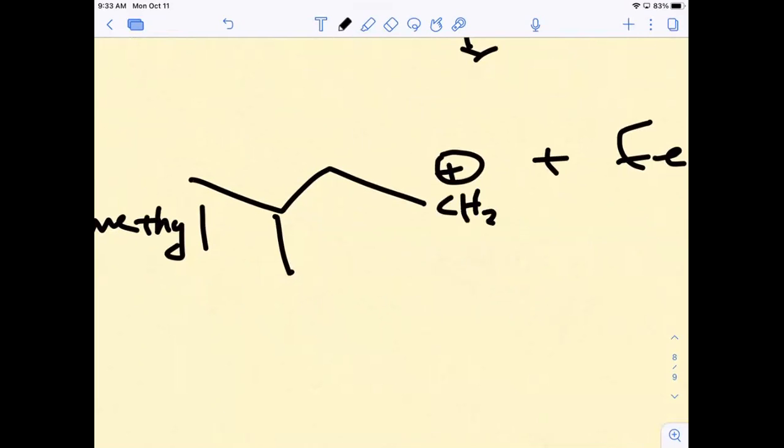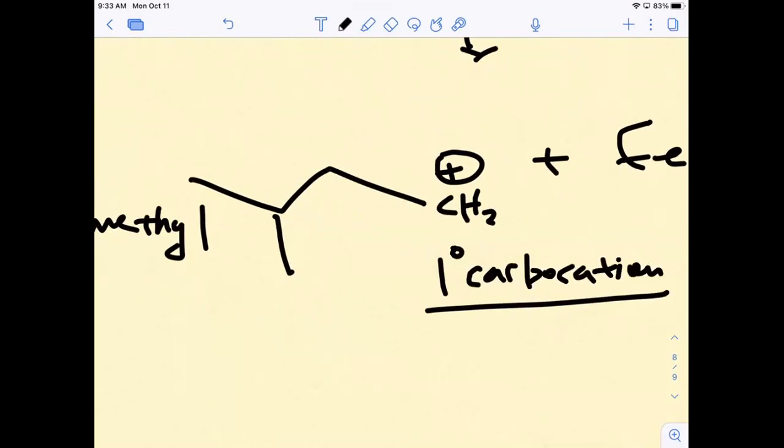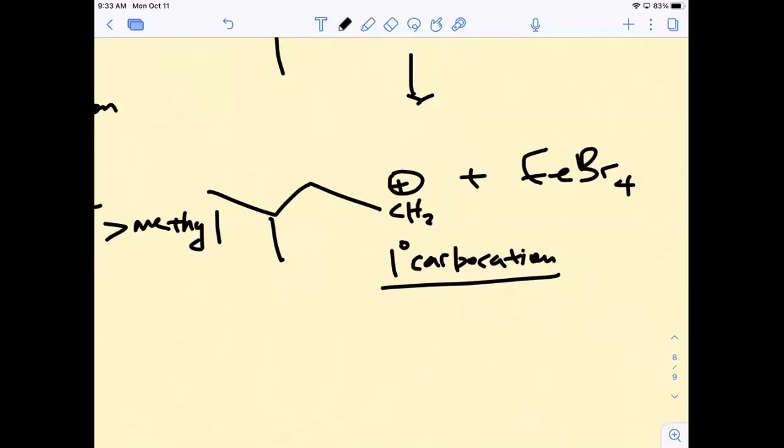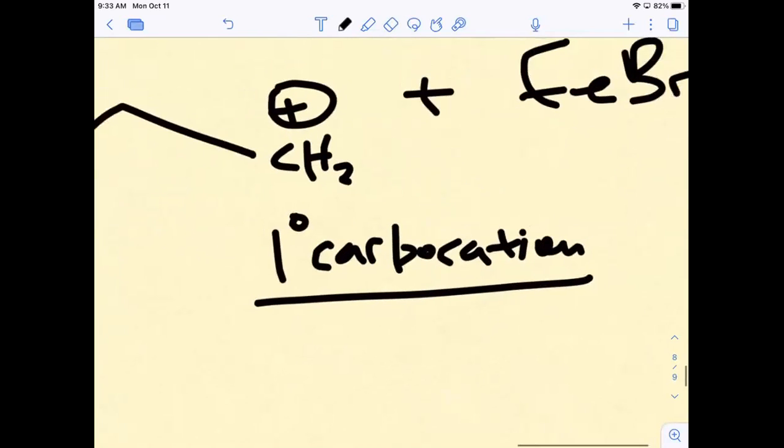That's a primary carbocation. That's horrible, right? A lot of times when you have primary carbocations and they're in the presence of other groups, right? What's one way to stabilize it? A primary carbocation.